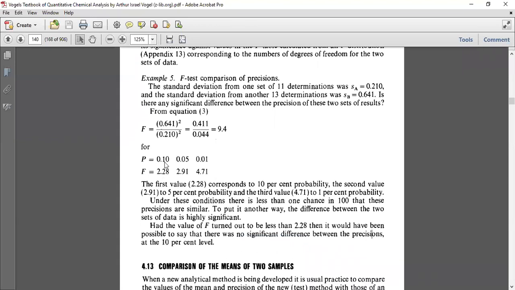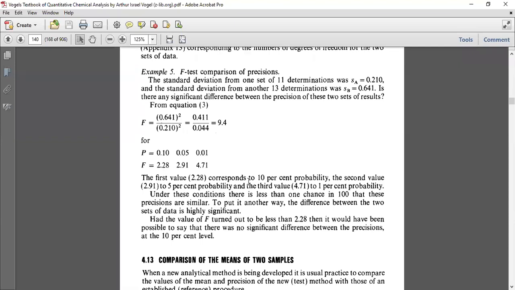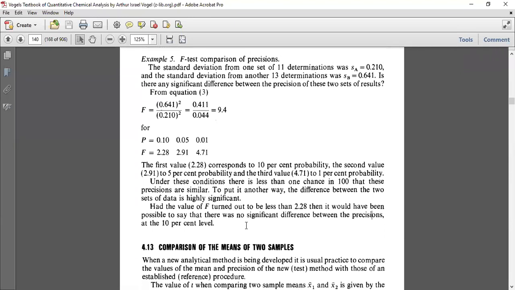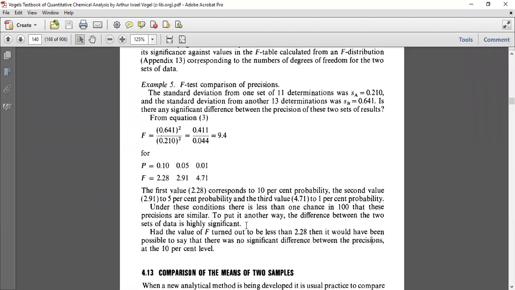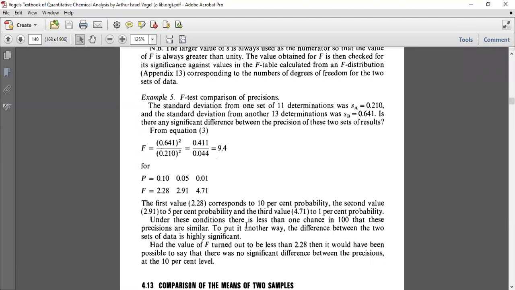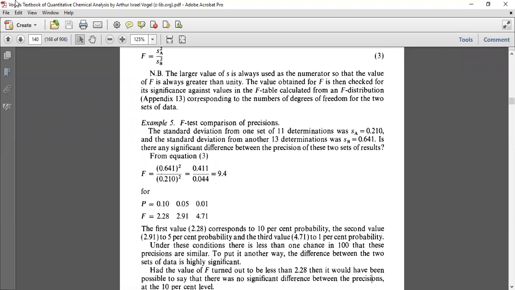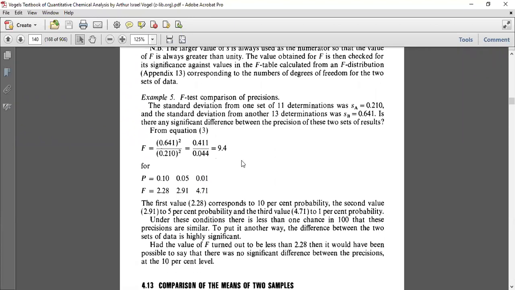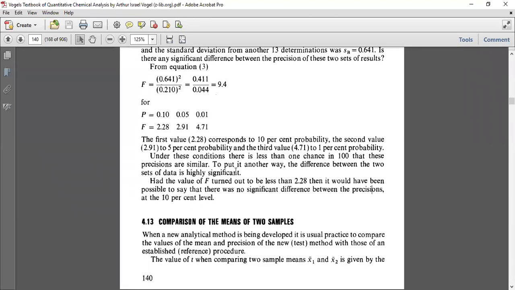So according to that, you can see what your result is, compare with the standard F value, and then you can justify. So this is about the F test, comparison of results. Clear these 2 points, T test and F test? Yes, sir. Okay.